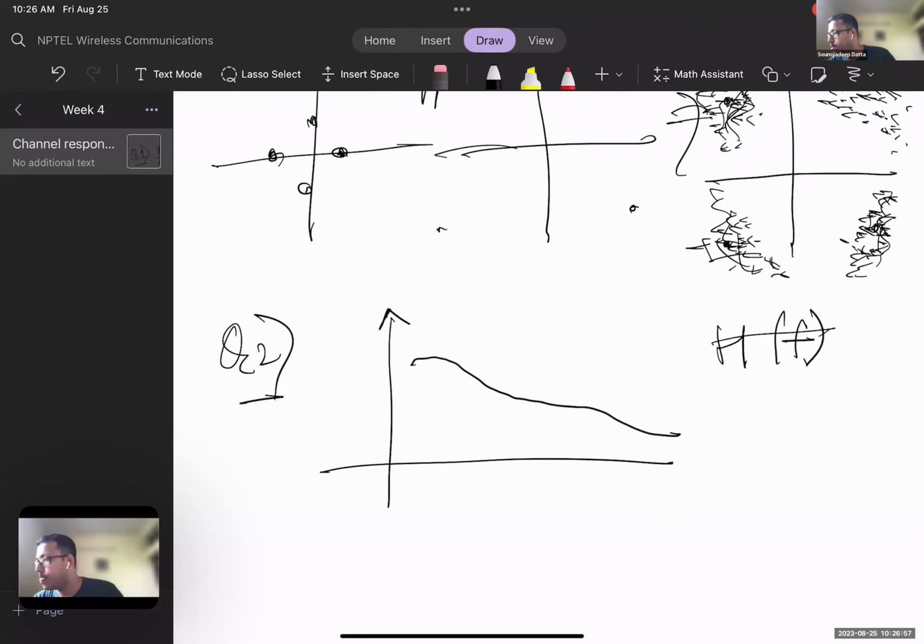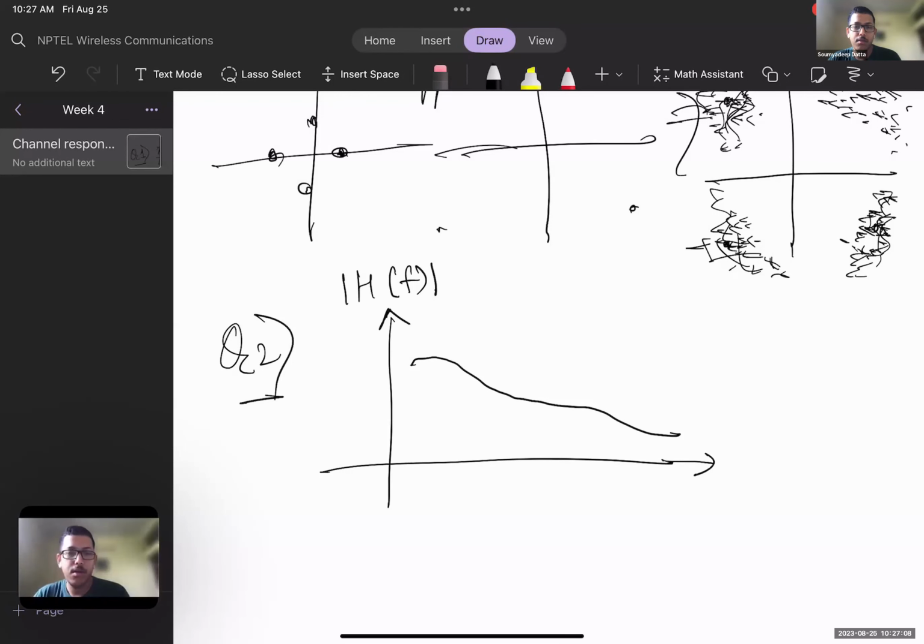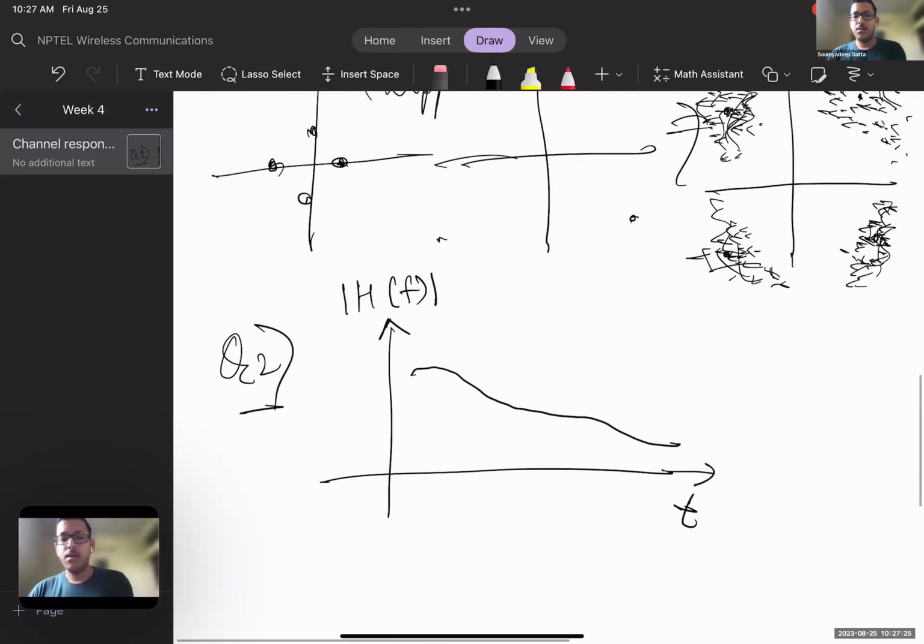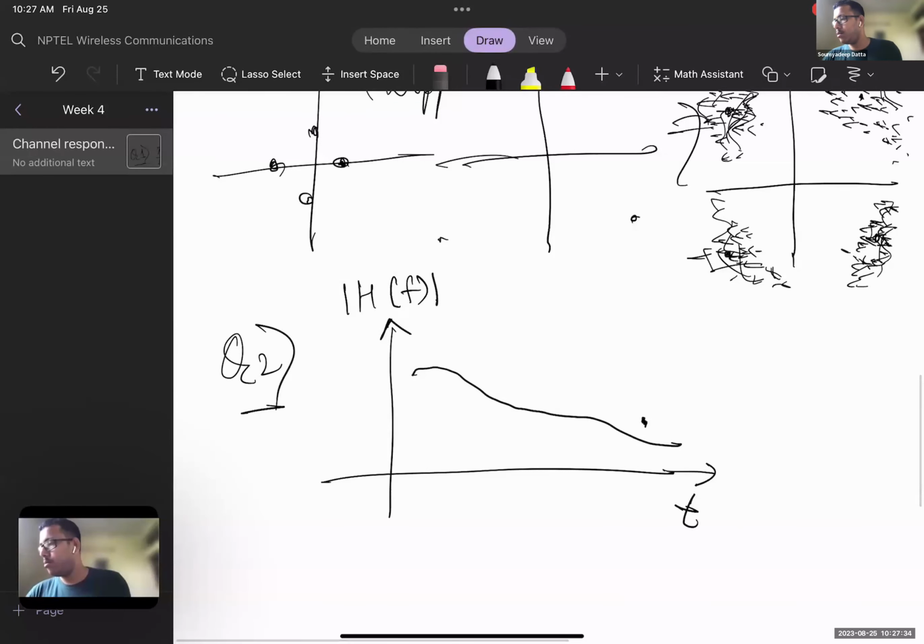So what you are plotting is essentially the modulus of the impulse response versus the time elapsed, like how far you are going. So you have three different curves. This one is curve number A, which is somewhat static.